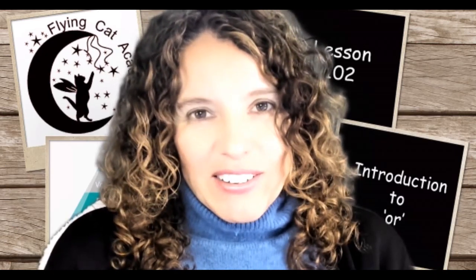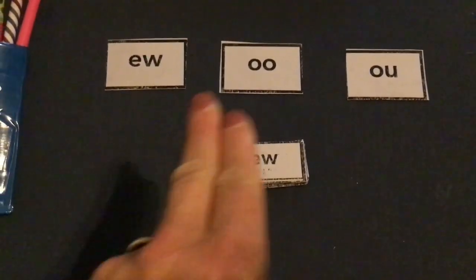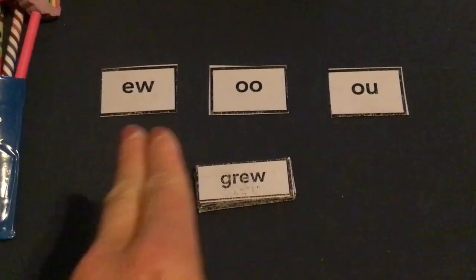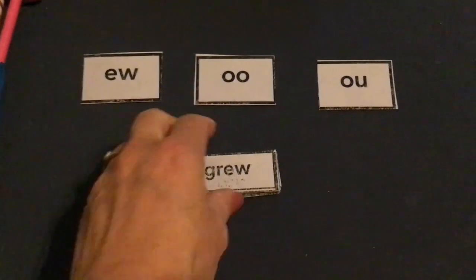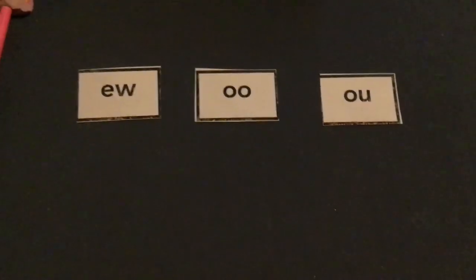There's a drill on the table, and it's one that we've done in previous lessons for EW, OO, and OU words. And in every case, these are going to make the OO sound. Can you repeat that? Yeah, OO. Okay, so we're focusing on the OO sound on this drill.